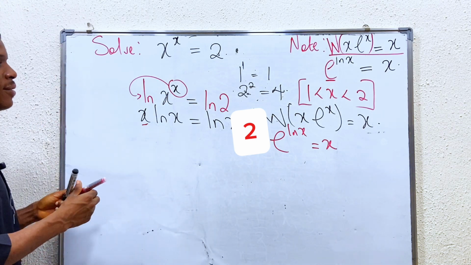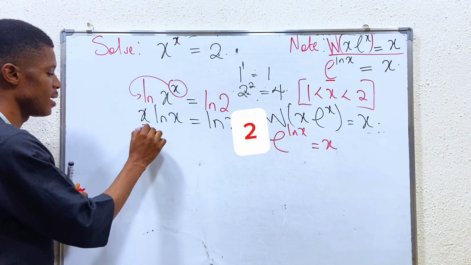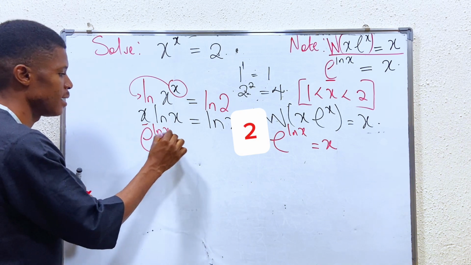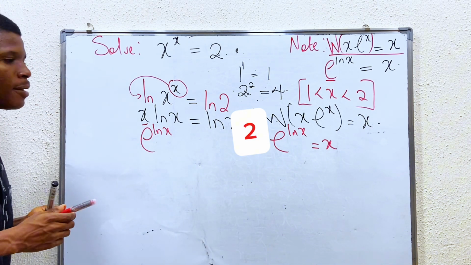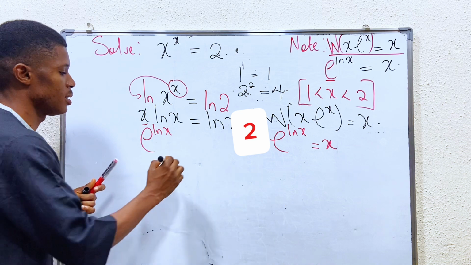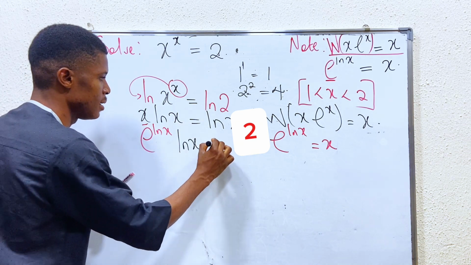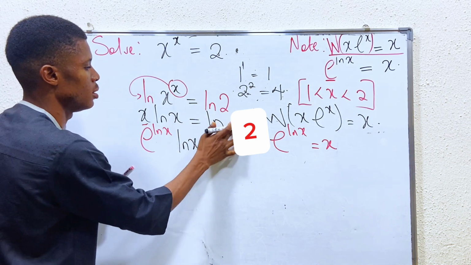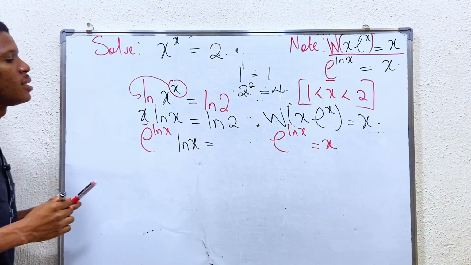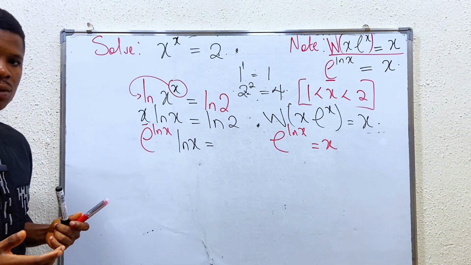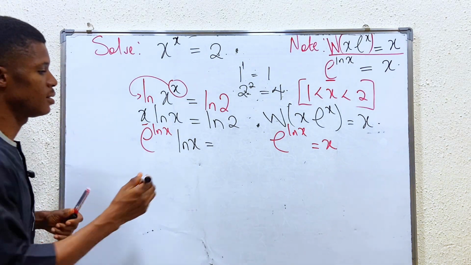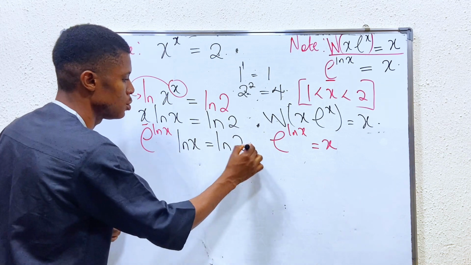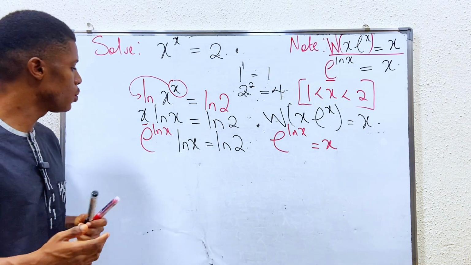So what do we get if we do that? We have exponential ln x replacing our x in ln x is equal to ln 2.